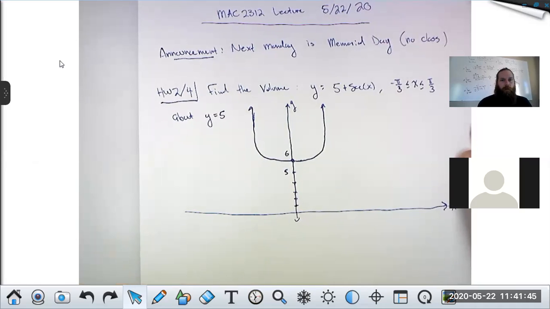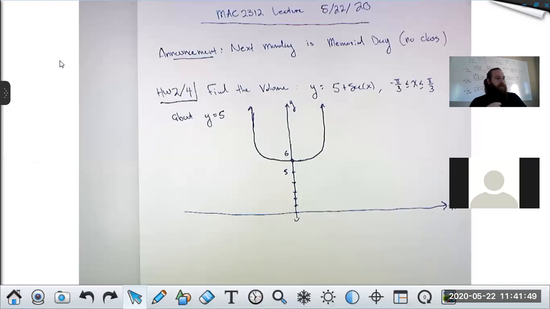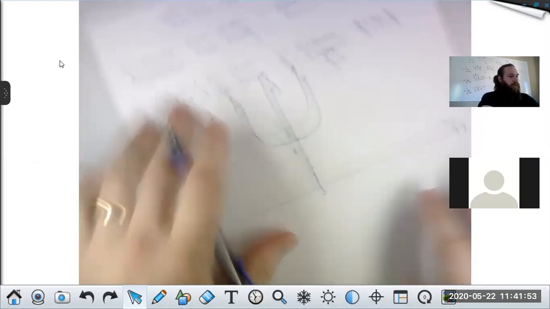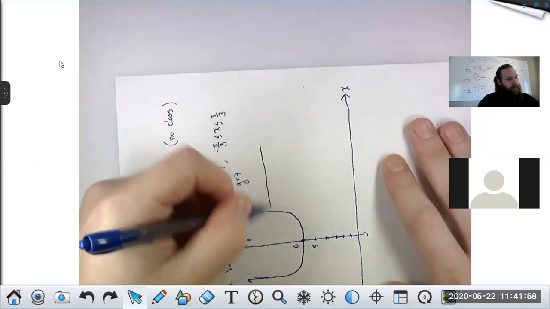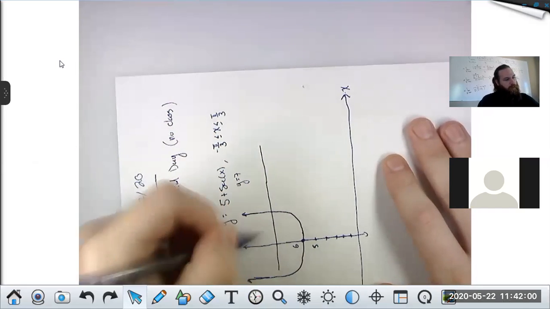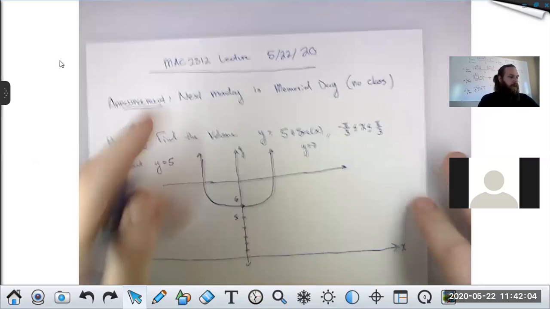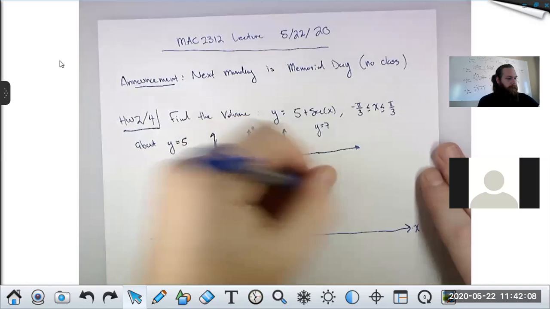Now we want to rotate about this. Oh wait, there had to have been a second line, yeah. y equals 7. So y equals 7 is going to be a line looking about like this. And we want to rotate all of this around y equals 5.